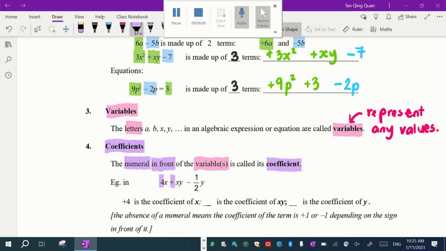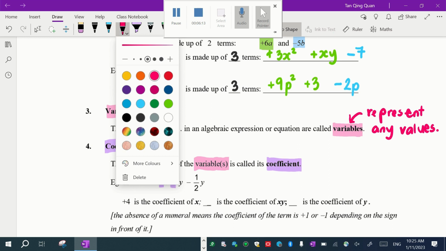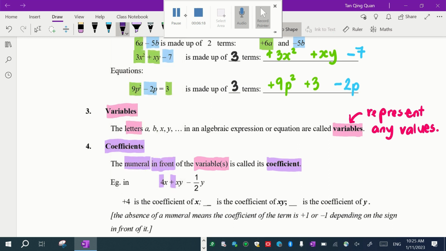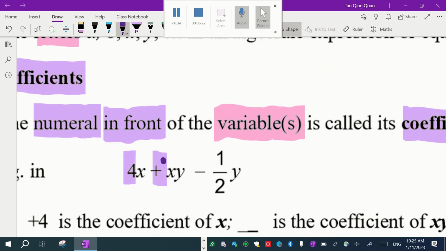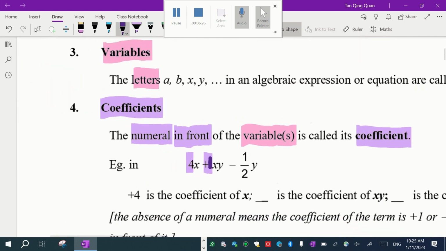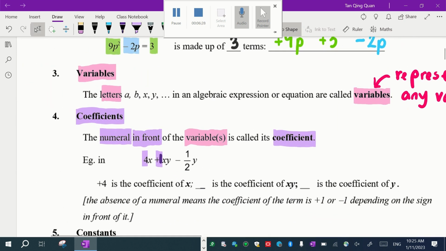If there is no numeral in front, do take note there is an invisible 1 down there, okay? Because it is positive 1 xy. So this number 1 is the coefficient of xy. And of course, there's a negative half.